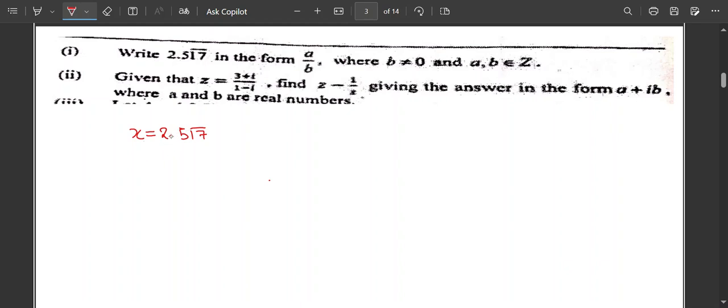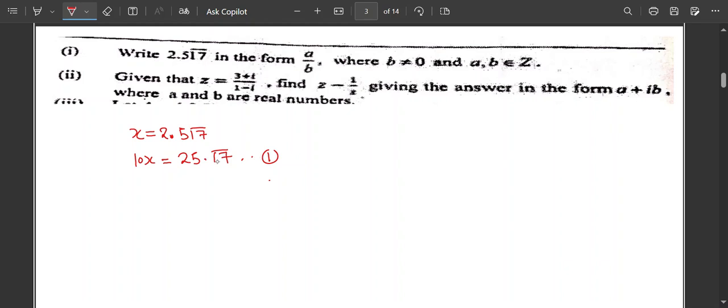So you multiply by 10 so that the point can come there. This will be 10x, and you multiply throughout everything by 10, so that will be 25.17 bar. We'll call this equation 1, because you have shifted the independent number to your left.